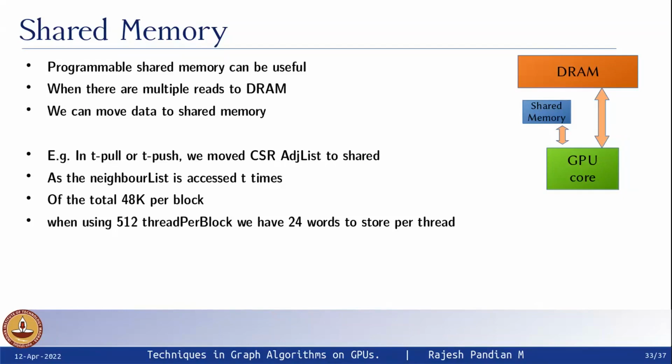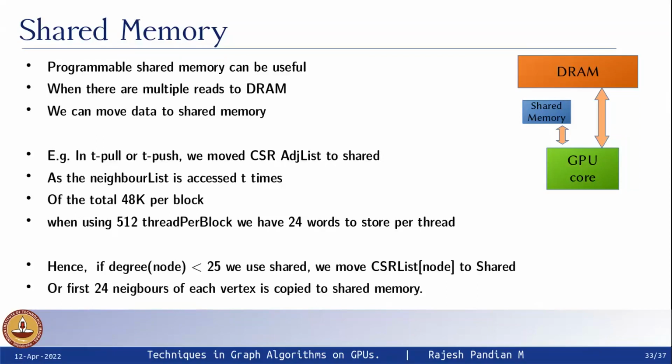So when the degree of a particular node is less than say 25, then we could copy the entire adjacency list into the shared memory, which will help the t delta optimization run faster in terms of running time.